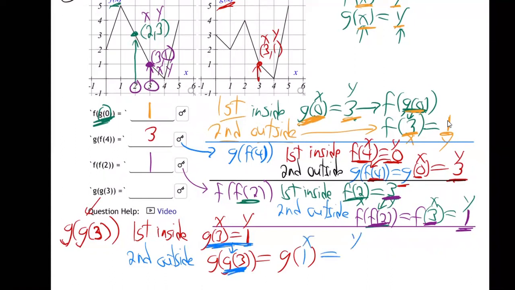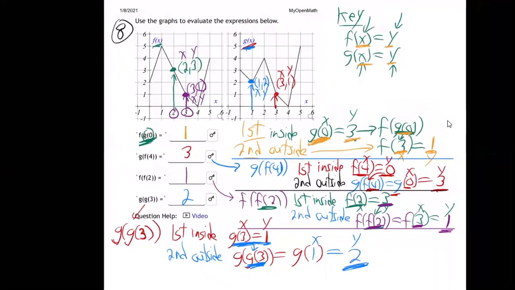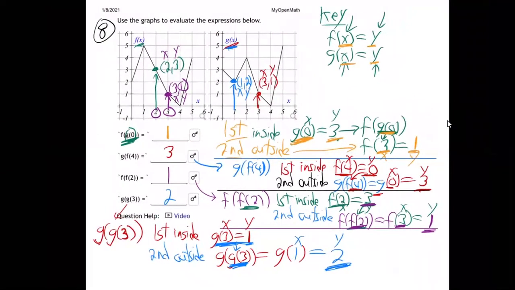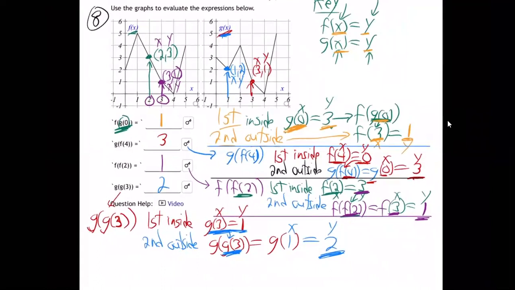Whatever you plug into a function is x. What comes out is y. It means go to the G graph, find the x value of 1 right here. Boom, that dot right there, which is over 1, up 2. The x value is 1, the y value is 2. Out comes the y value of 2. So there we go on that. Certainly not an easy question. A lot of gyrations there.